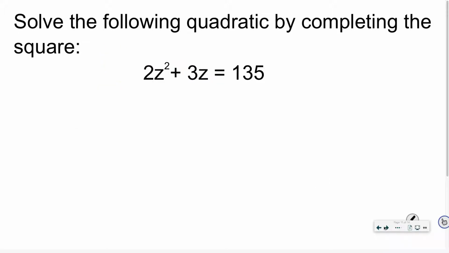So now I want you to try this one. Using the same process, try this one. How would you get the z squared coefficient to be a 1, and could you complete the square from there? If you don't get to the end, it's okay. You're going to get to a point where you're going to have a decimal. It's okay.